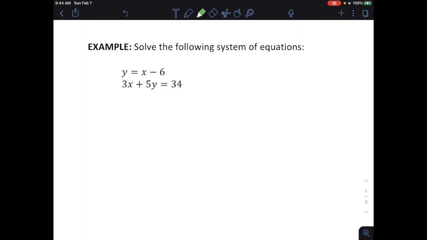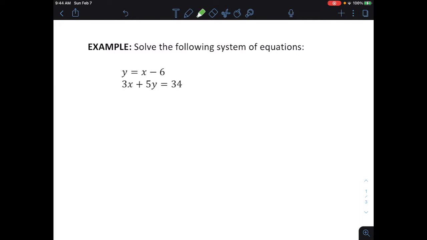And if you look down here, the 3x is kind of like the $10 bill from up above, and the 5y is kind of like the $1 bills. So we're going to replace the y with the x minus 6, kind of like we did up above with all those coins. It's not really working very well for me, but you know what? Let's just do it and you'll see what I'm talking about.